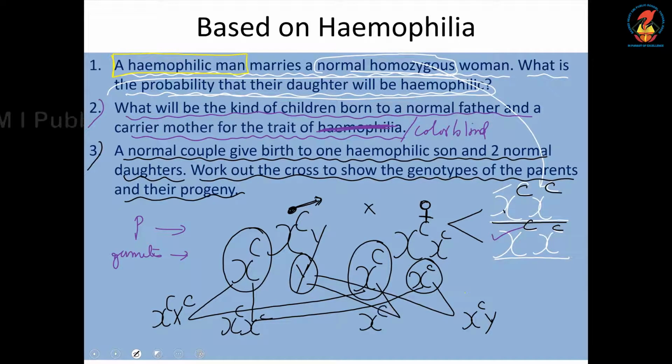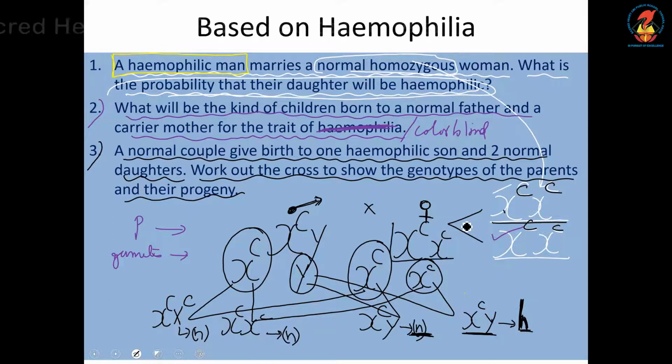Then I have X^C Y, and last I have X^c Y. This is a hemophilic son, whereas this is a normal son. These daughters are normal. This is also a normal daughter. Normal, normal, normal. So one son is normal, but one son is hemophilic. So in that case, we have to decide the case of the mother. We have to definitely go for a carrier mother.